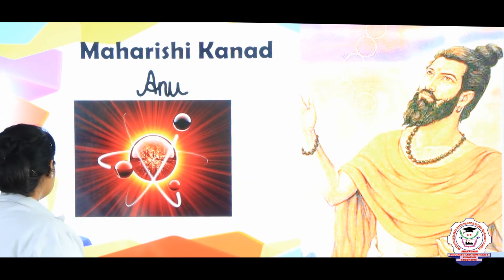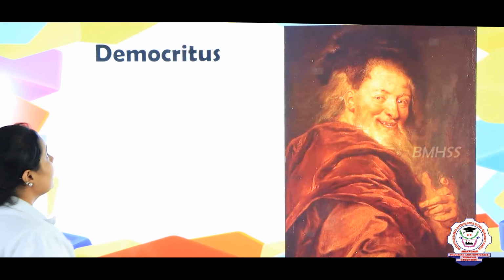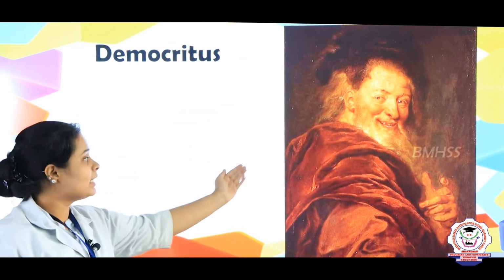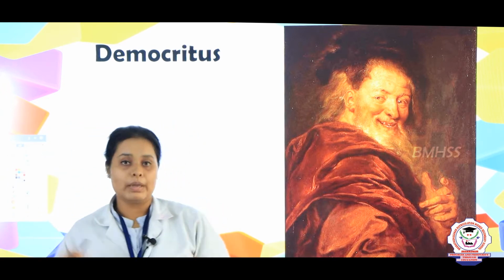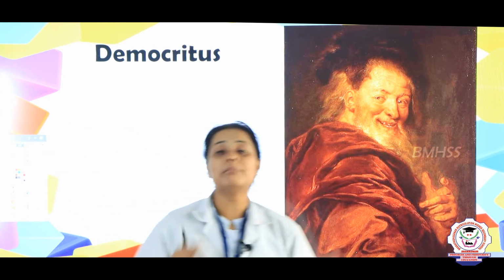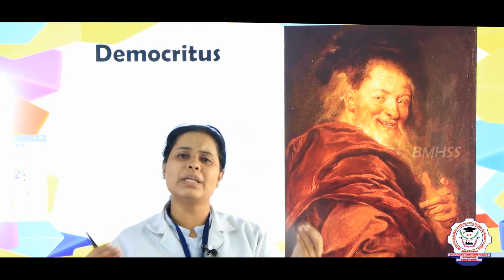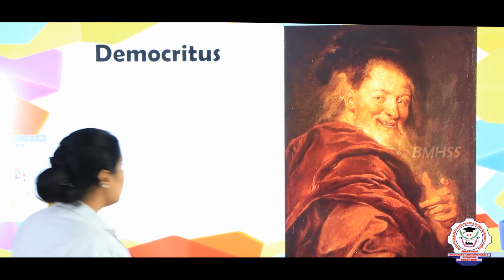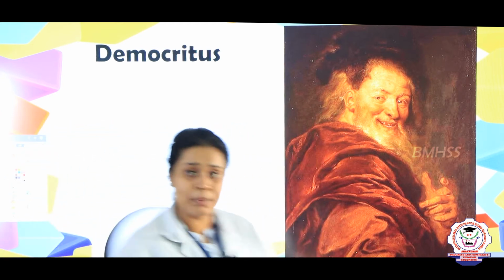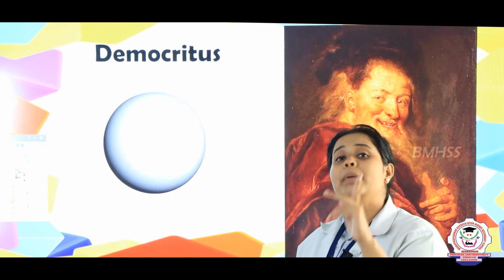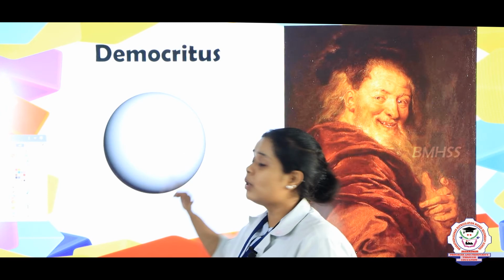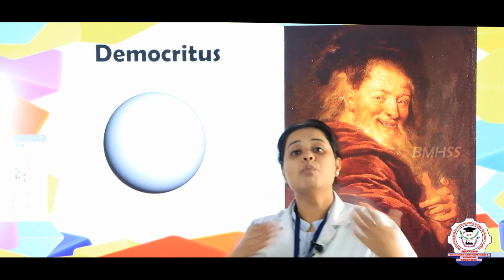After this, there was a person named Democritus. You can see the picture over here, children. Previously, he did not know that Maharishi Kanad had found out something called Anu. What he did was, he was doing an experiment, and in that experiment, he found that at a particular point, you cannot divide a substance into more parts.